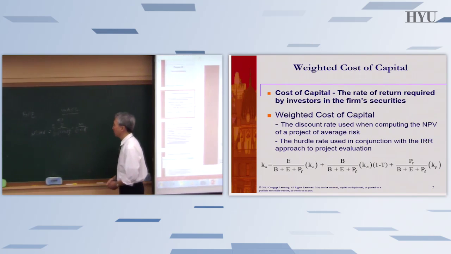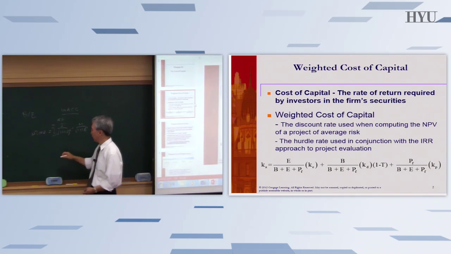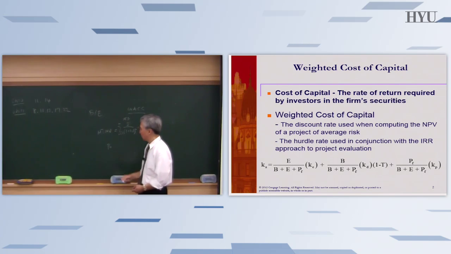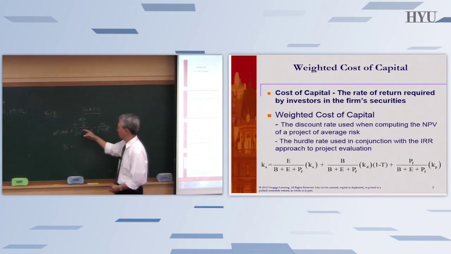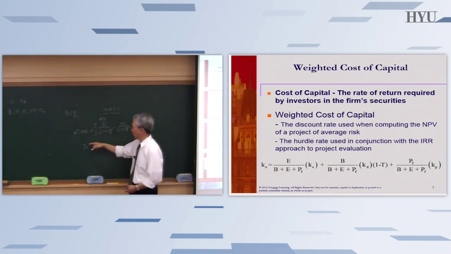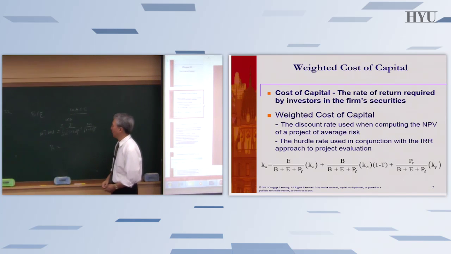So think about the typical bond situation, the bond formula. If you pay a certain amount to purchase the bond, it's the same thing: initial investment, and every period you receive an interest payment.